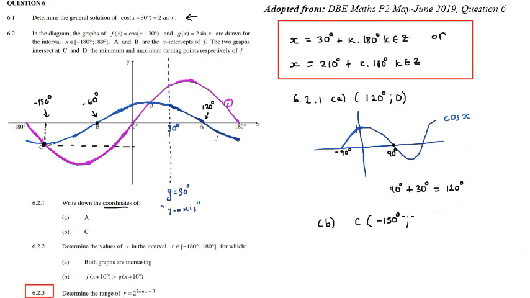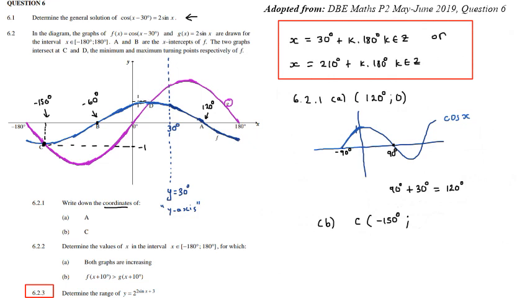We just need to substitute minus 150 degrees into one of these functions. Alternatively, you can recognize the fact that the cosine function has only been shifted to the right. It hasn't been moved up or down. So this is basically still in the range negative 1 to 1.